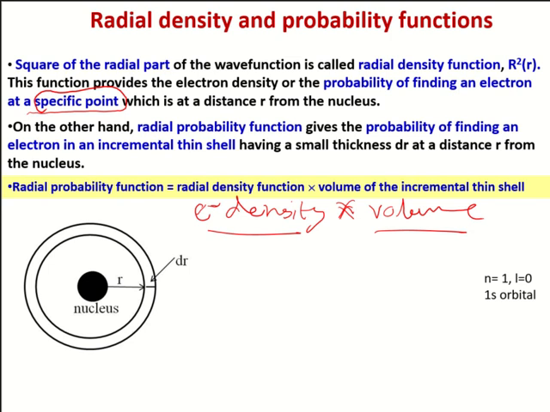At a distance r, you can imagine a thin shell of thickness dr, infinitesimally thin shell, and we are trying to locate the probability of finding the electron in this thin shell. And this thin shell, if you integrate it from 0 to infinity, it will make a sphere. So this electron density into volume, ये रेडियल प्रोबेबिलिटी होता है.